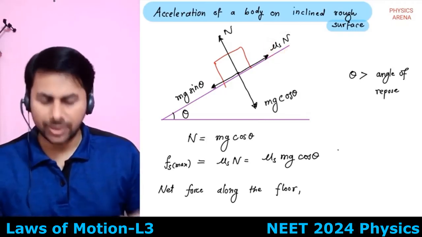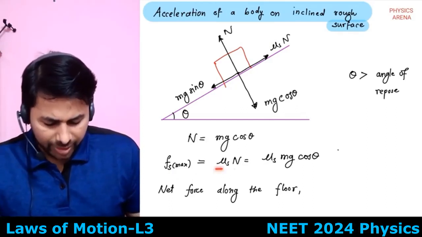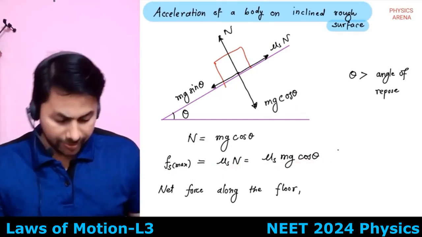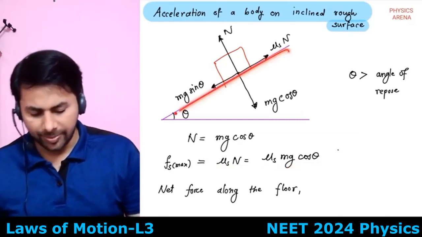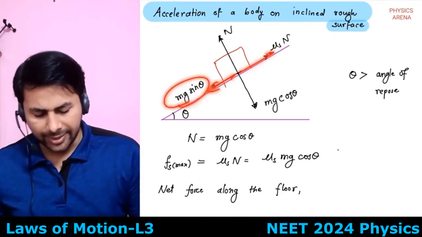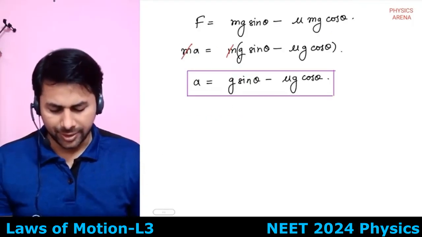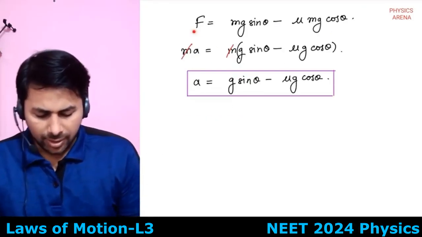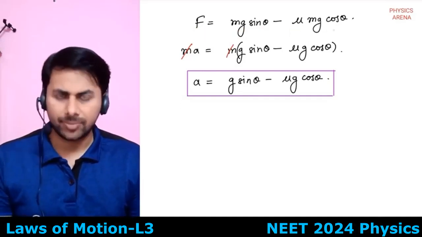The frictional force is mu s into N, which is mu s multiplied by mg cos theta. So the net force along this surface will be mg sin theta minus mu s multiplied by mg cos theta.